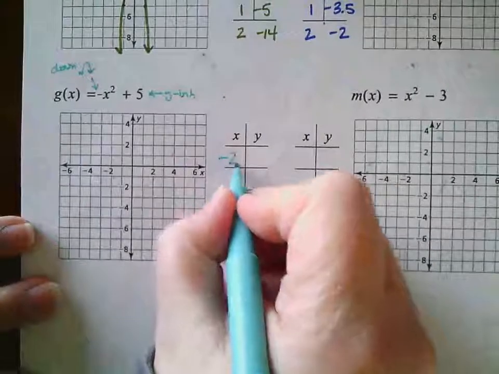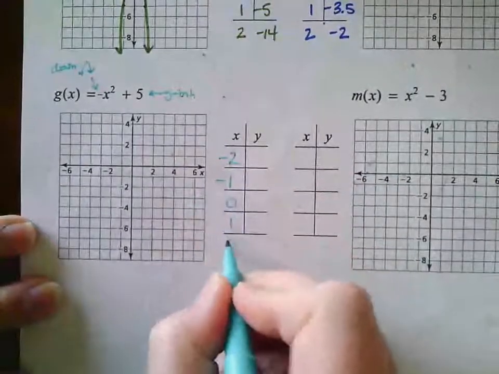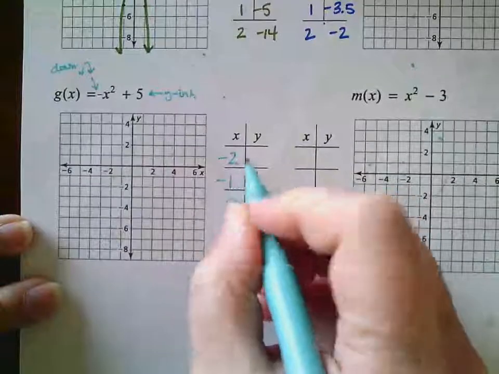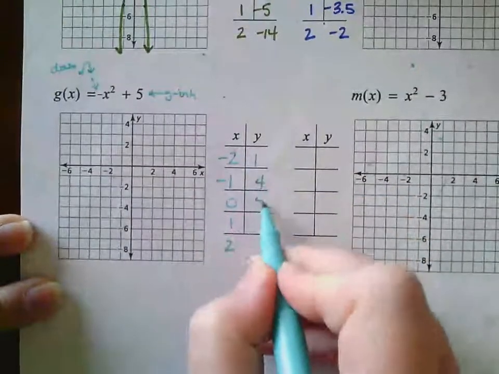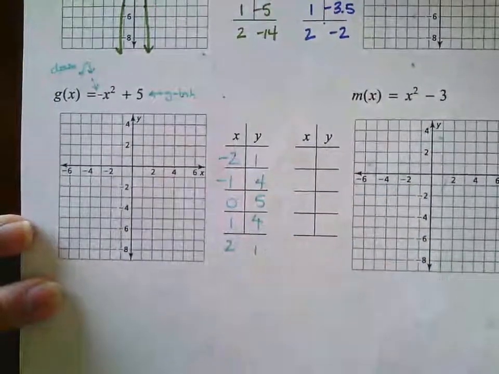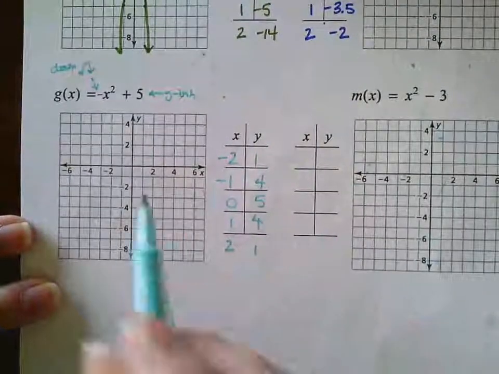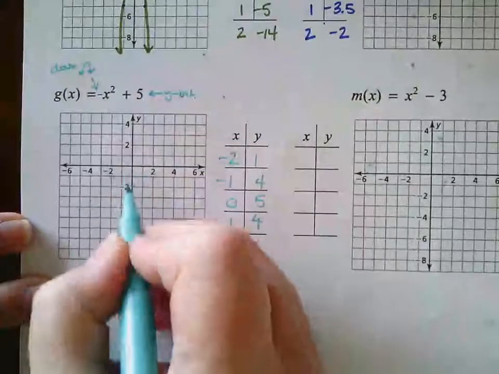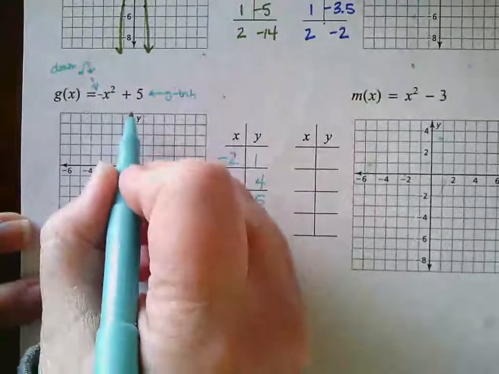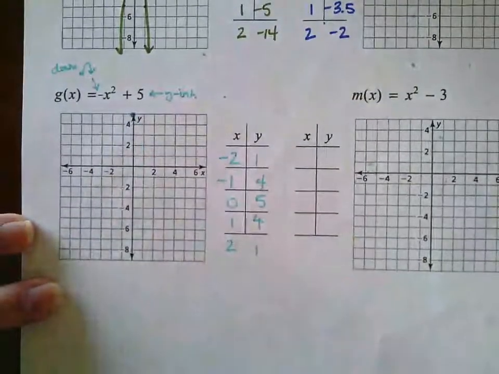So if you do negative 2, negative 1, 0, 1, 2, and you just throw some numbers in there, 1, 4, 5, 4, 1. You see how I can do that because it's a pattern. So throw that in there and you get 0, 5. So it's going to start all the way up here.